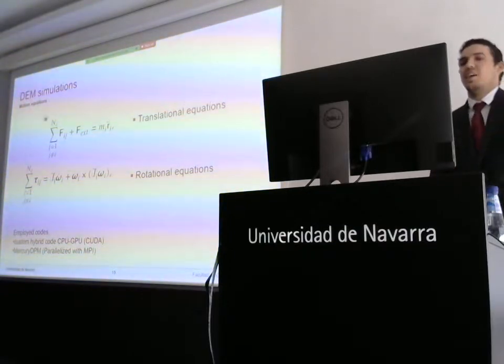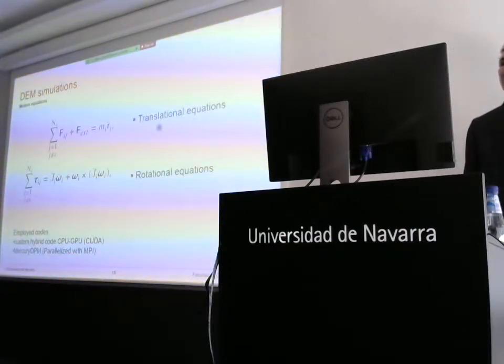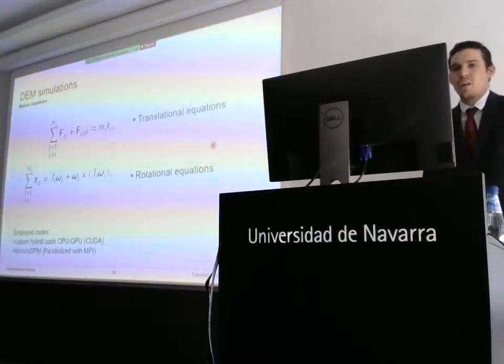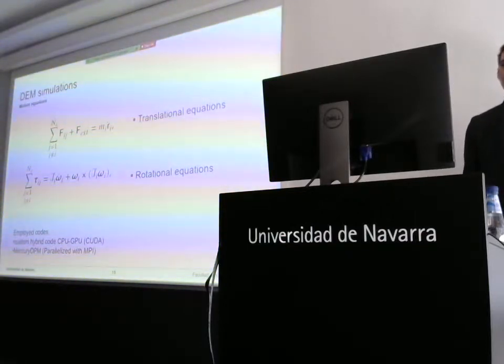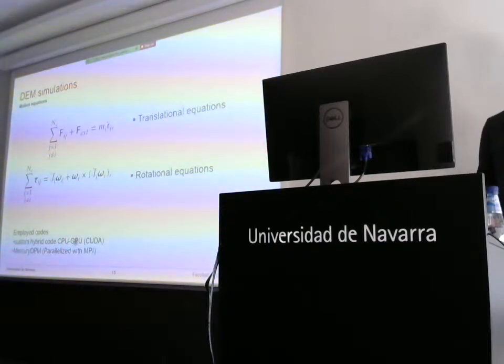Once we have set the force model, we have to integrate the translational and the rotational equations to obtain accurately the trajectories of the individual particles, as well as the rotational dynamics of each particle. We have employed two different codes to do that. The first one is a custom hybrid code that uses GPU, and the second one is MercuryDPM, which is parallelized with MPI and is developed mainly at the University of Twente.